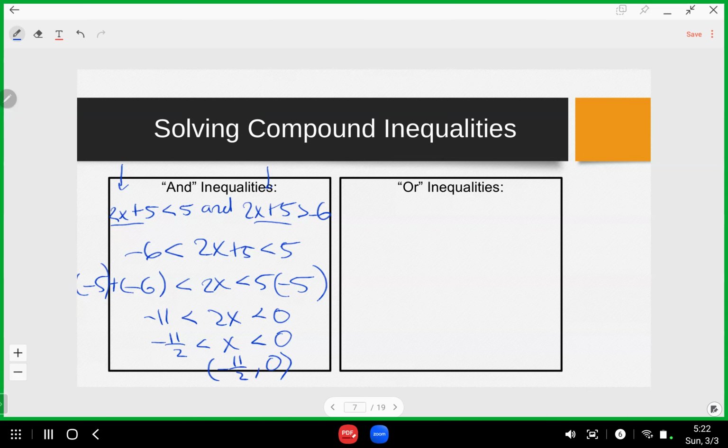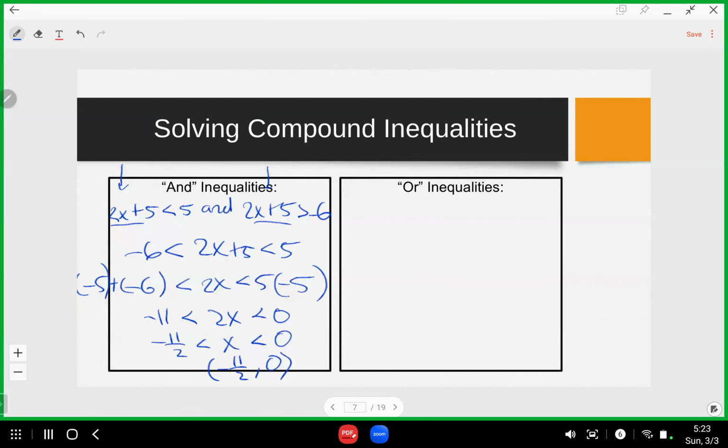It's going to be like a closed range, right? Because as you can see, 2x plus 5 is in between these two numbers. It cannot be out of these two numbers, right? So you know that x is also going to be in between two numbers.